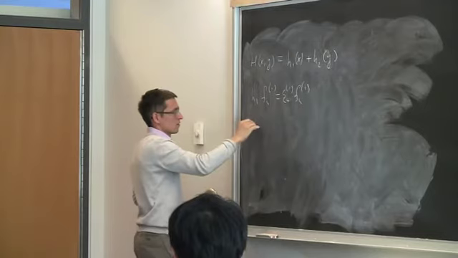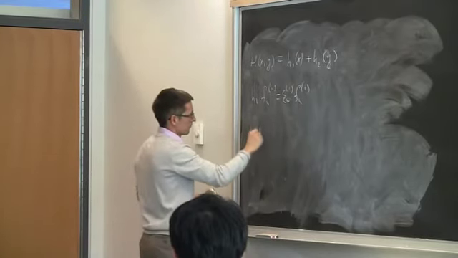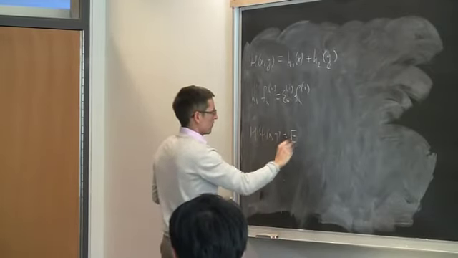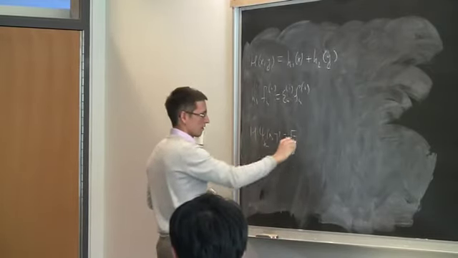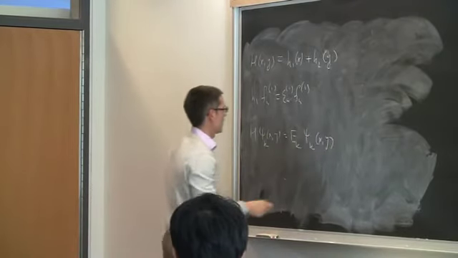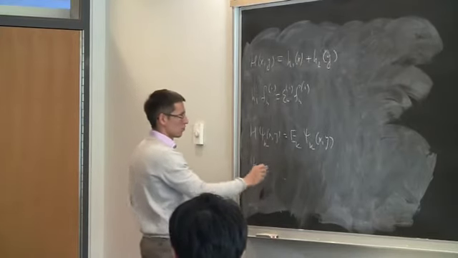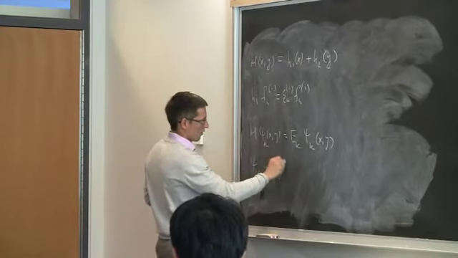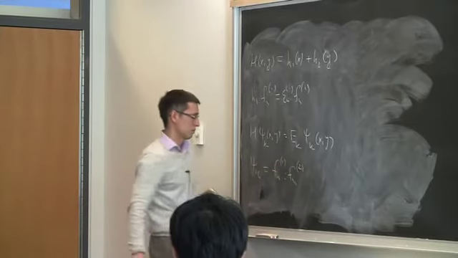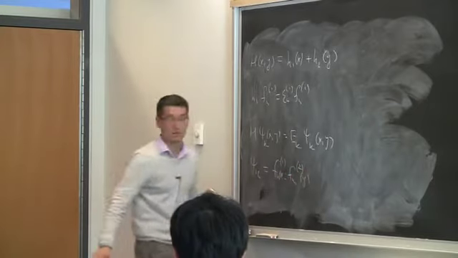Then any eigenfunction for H, let's call it psi_k(x, y), is equal to f_n^(1) times f_m^(2). This is a function of x, this is a function of y.